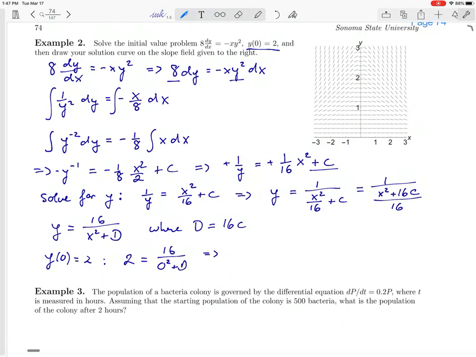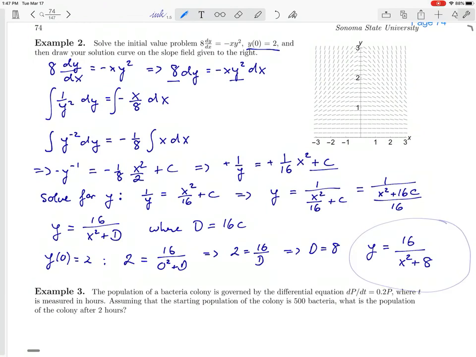And so 2 = 16/D. That means that D is 8. And now I can find my final solution as y = 16 divided by (x² + 8). And that is my final solution.